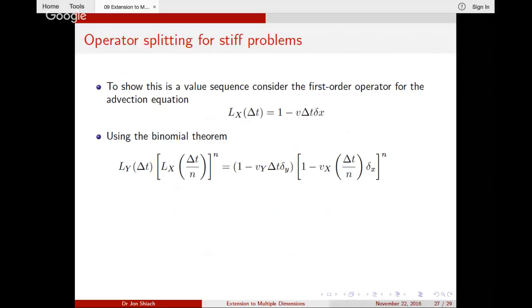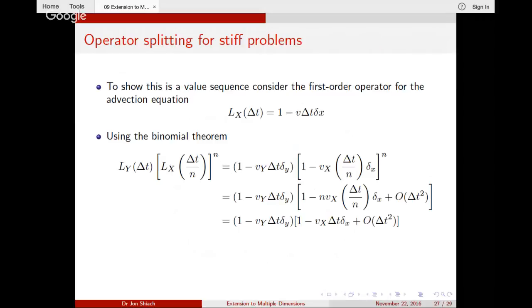There's one lot of the y solution, followed by n lots of the x solution. Use the binomial theorem. Remember, we've swallowed up a lot of the delta t terms in this error. Do our multiplication, and we get to this, which happens to be the same as the unsplit. So this proves we can do this. Again, that's not something we're really worried about in this unit, but that's what we can do.